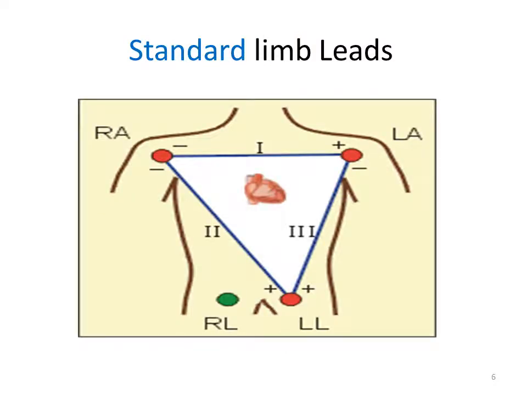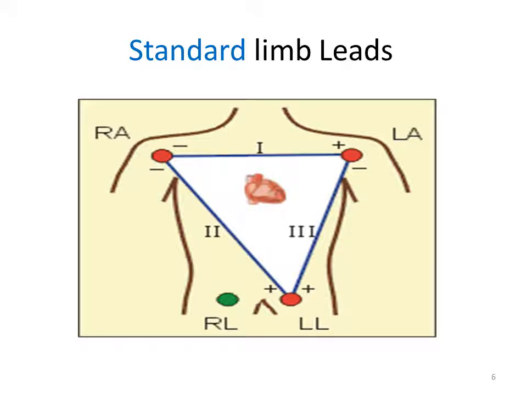This picture clarifies the standard limb leads, which are right arm RA, negative, LA left arm, positive, and left leg LL at the inferior of the triangle, positive.